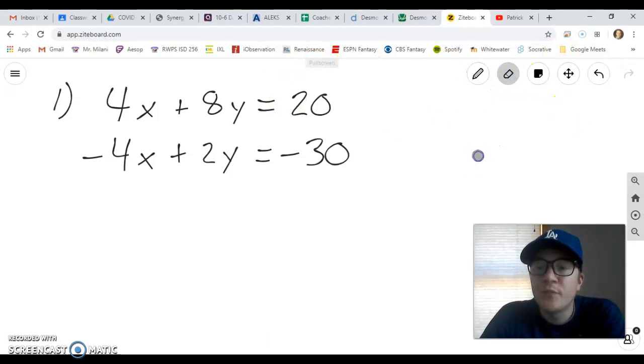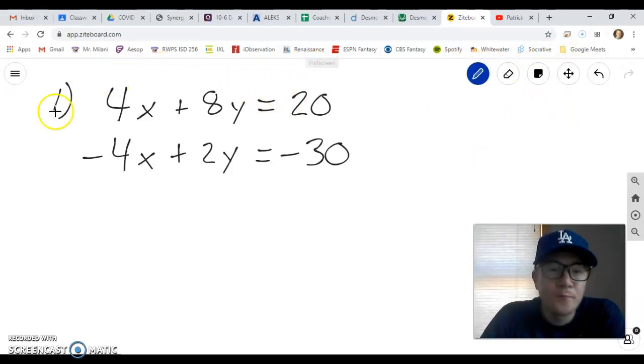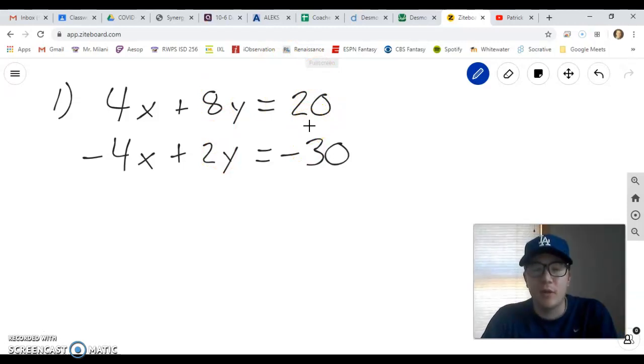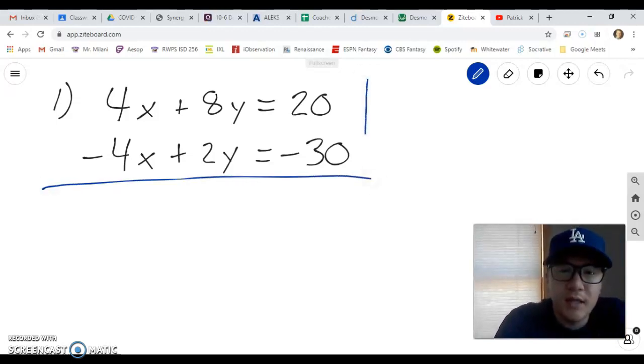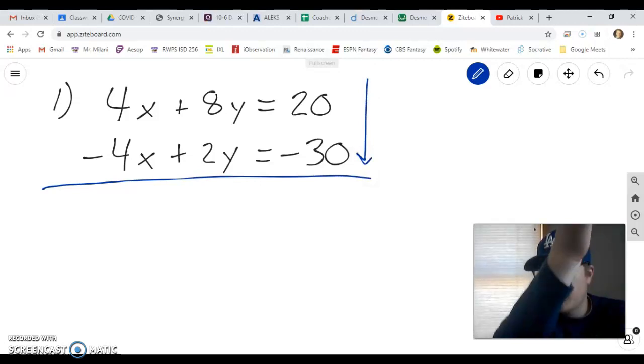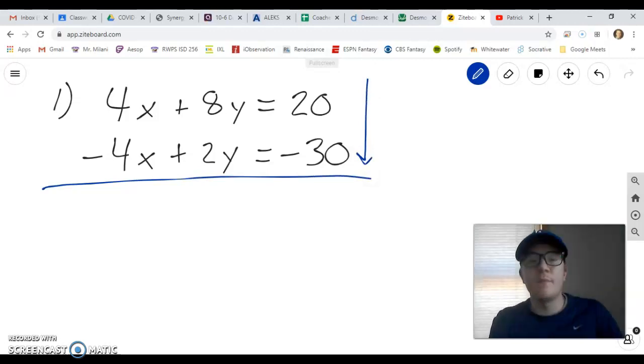Now with elimination, they're going to be in this standard form, and they're going to be lined up nicely. So we are going to look for the situation where an elimination is set to happen, right? We can't solve for a variable until there's just one variable left. So we're really going to just combine these two equations from the top down, okay?